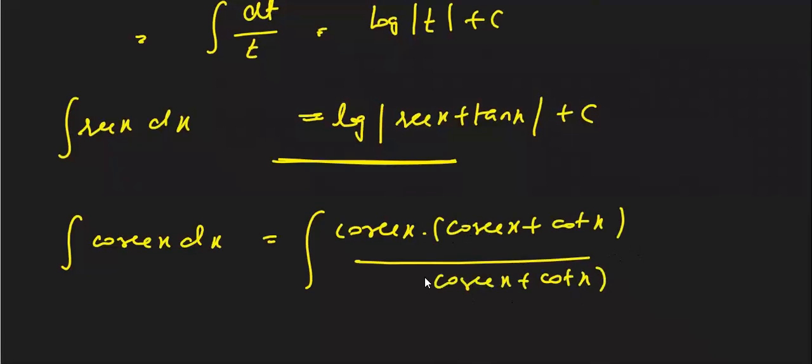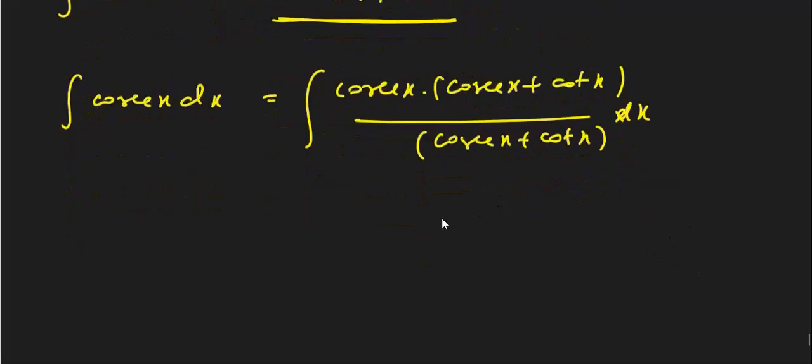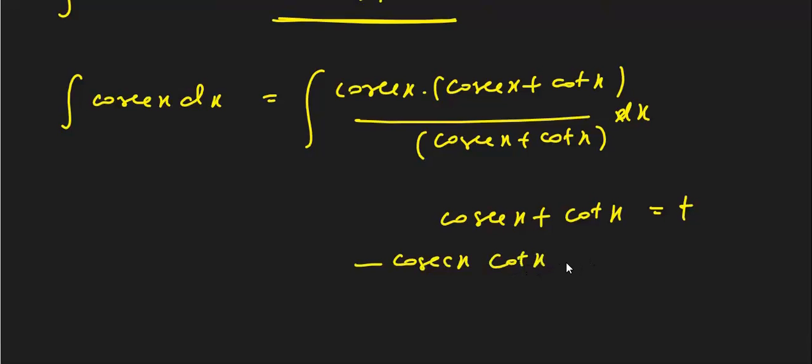After multiplying and dividing by cosecant x plus cot x, use substitution: cosecant x plus cot x, let it be t. Differentiate this. Derivative of cosecant x is minus cosecant x cot x, and derivative of cot x is minus cosecant square x, dx equal to dt.